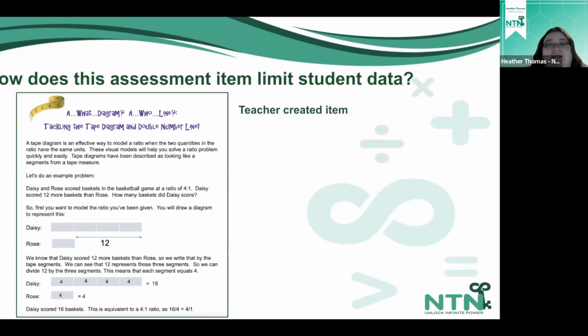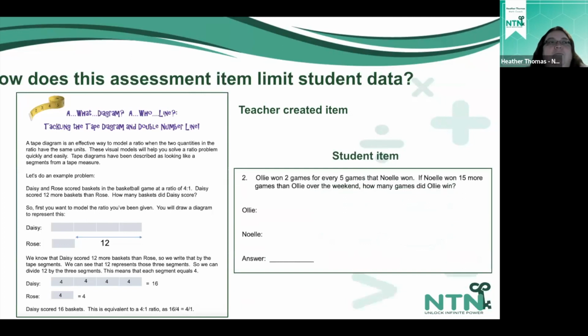A lot of times what we see with items that are created from things like this is a replicated item. So if you look at this question here about Ollie and his 2 games that he wins for every 5 that Noel wins, it is essentially the exact same question and problem that he previously worked on, just with different names and different values.